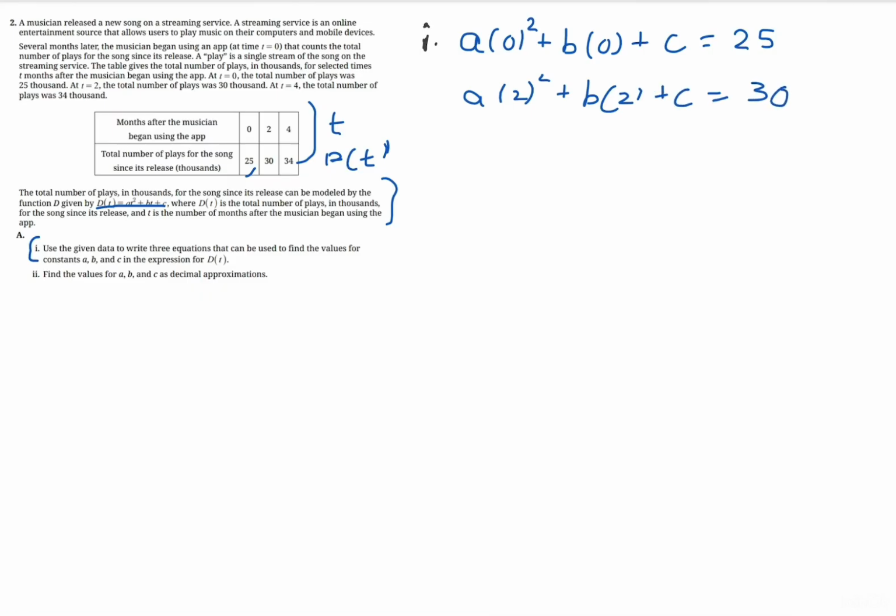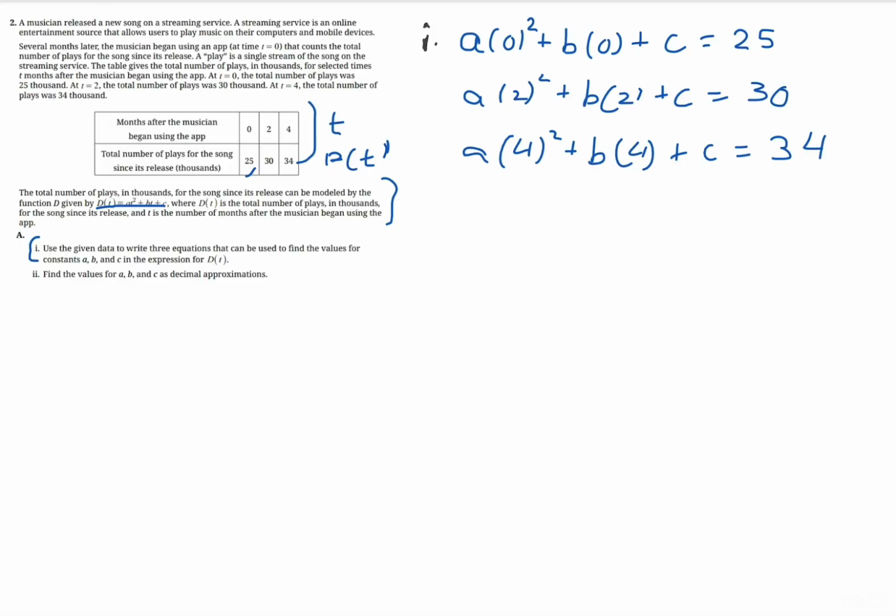And the third equation we have is a times 4 squared plus b times 4 plus c, which should be equal to 34. I think that was quite simple, and you can evaluate them further.